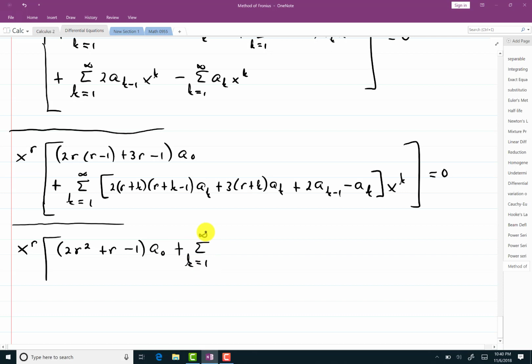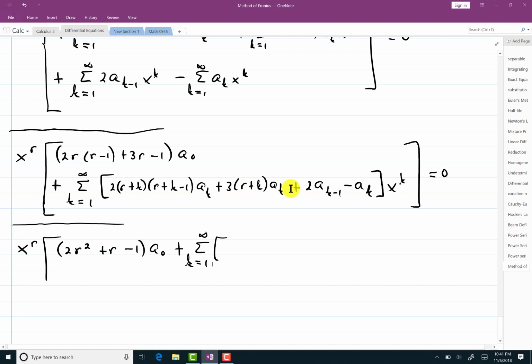I'm going to try to combine some stuff in here. I see that a sub k is attached to a lot of stuff, so I'm going to combine all that. Let me do a bracket here because it will be attached to x to the k.